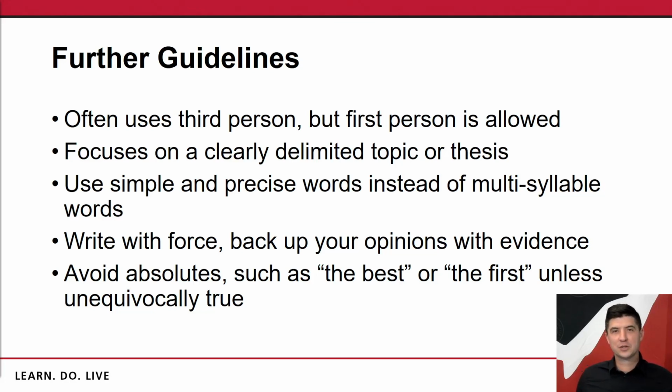Now, sometimes students, when using formal academic style, make a mistake. And I want to correct that mistake with this guideline. Use simple and precise words instead of multi-syllable words. So the mistake is this. Sometimes students feel like if they can just put in enough multisyllabic words, then it will make their writing sound more intelligent.